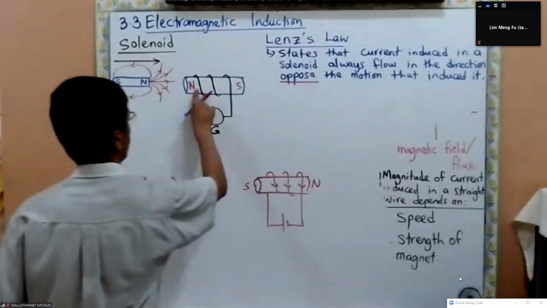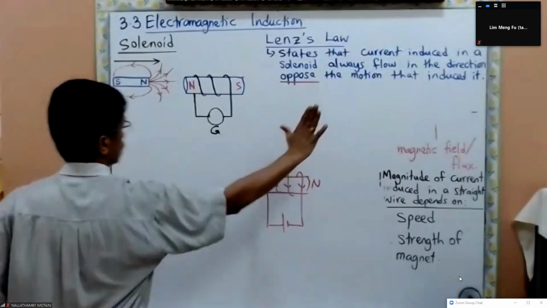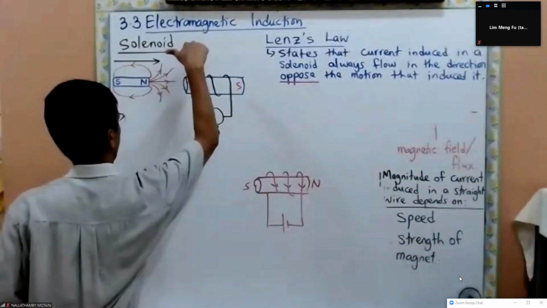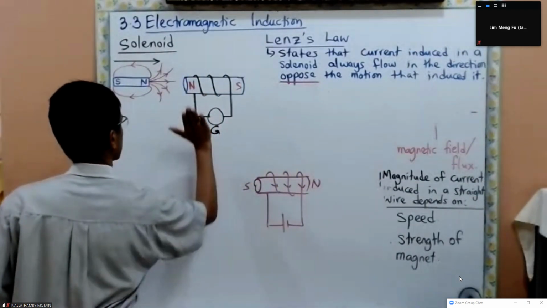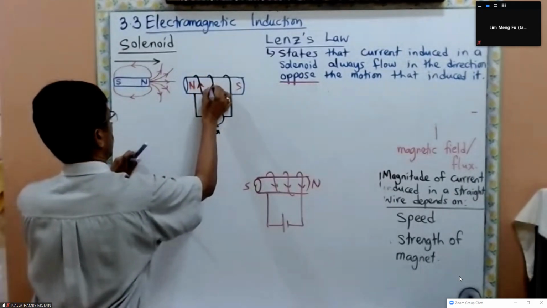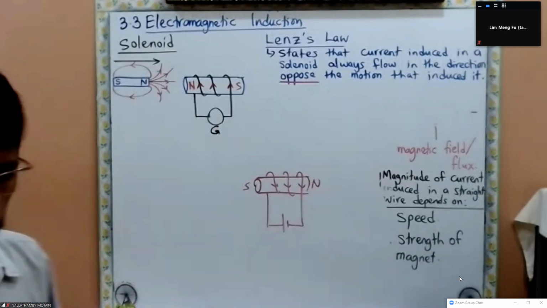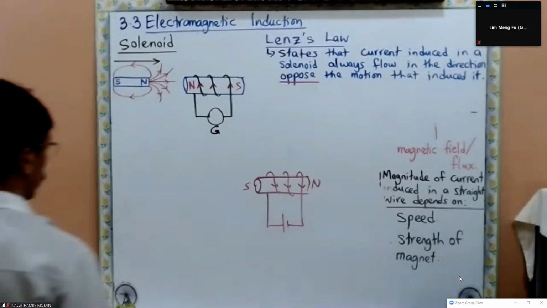So now if you're not over here south, let's use the right hand grip rule. Curl the fingers. It is what? Current flowing upward.